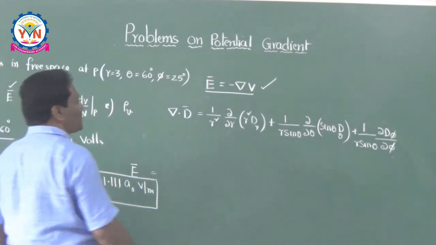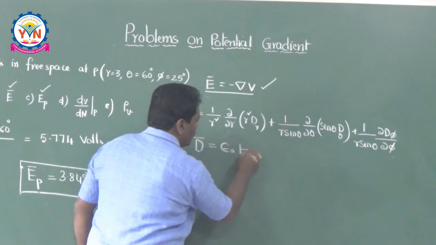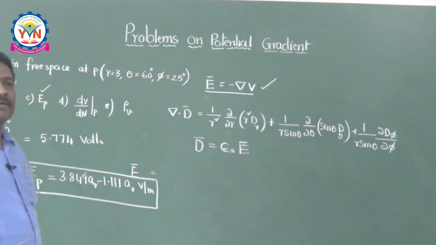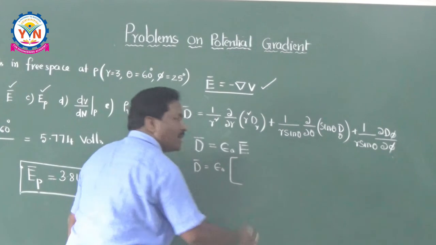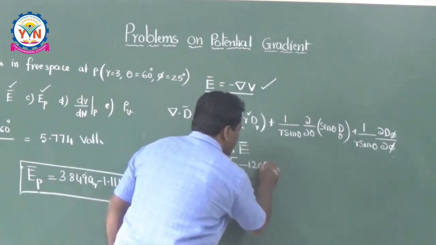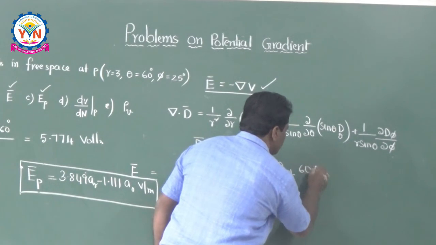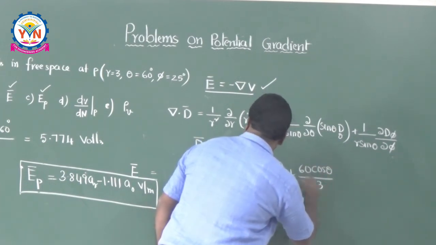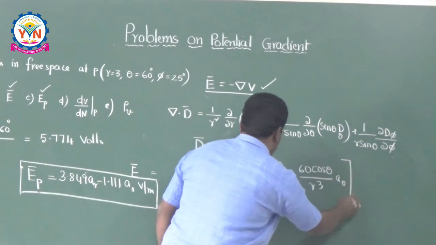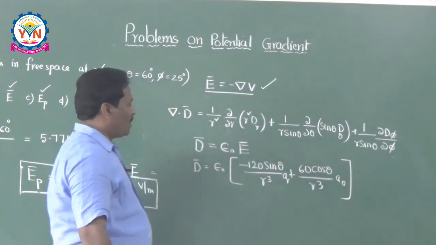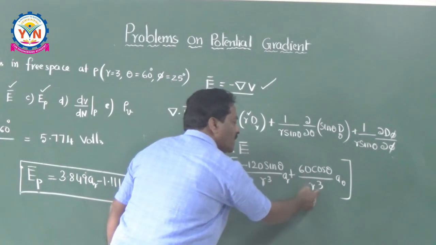How to get the D bar? D bar is nothing but epsilon naught times E bar. E bar we have just now calculated. So D bar is equal to epsilon naught times minus 120 sin theta by R cube into AR plus 60 cos theta divided by R cube into A theta.